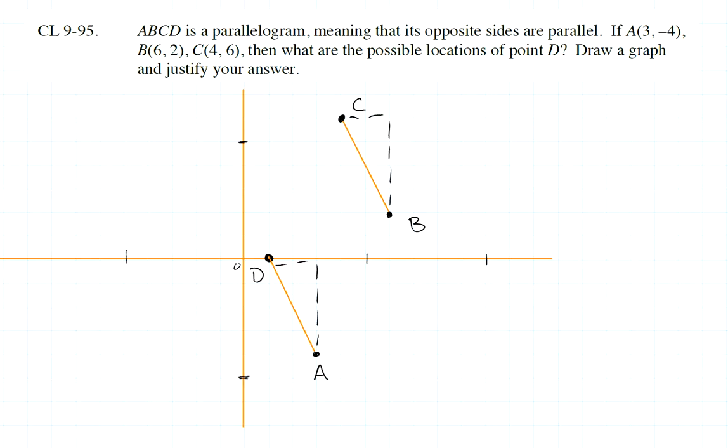But it's also nice to verify that the other sides have the same slope pattern as well. So let me grab a green pen and do this. If I start at A and go to B, I would go up 1, 2, 3, 4, 5, 6, and then I'd move over 1, 2, and 3.